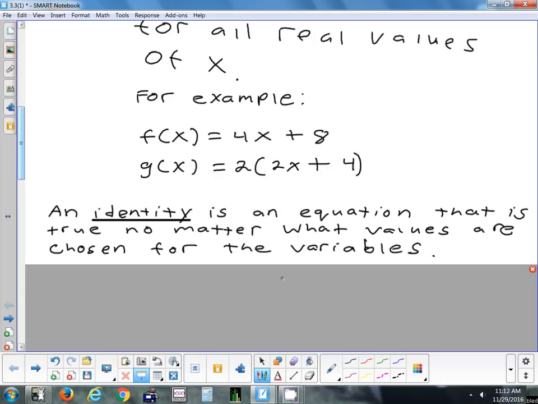All right, so now we'll talk about the idea of what is an identity. An identity is an equation that's true no matter what number you plug in for the letter. It's something that is always true.